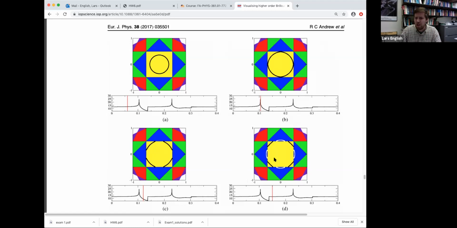Part of the second Brillouin zone is occupied, namely whatever is inside of these four yellow lines would be occupied with electrons, and everything that falls into these corners would be unoccupied.